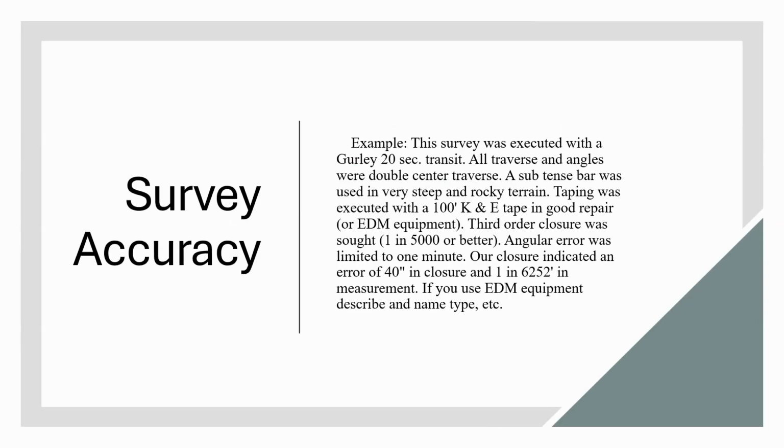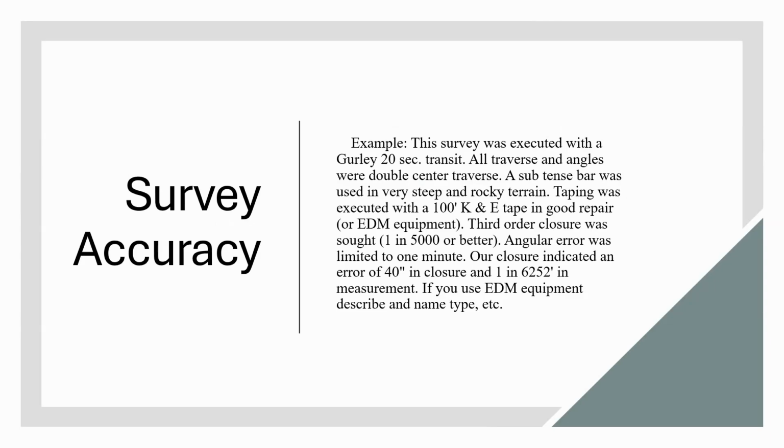Then our survey accuracy. I know we talked about this in previous lectures. You need to make sure that you're being clear about the accuracy, the measurement limitations of the equipment that you used, of the data that you used, and how that compares to your equipment.